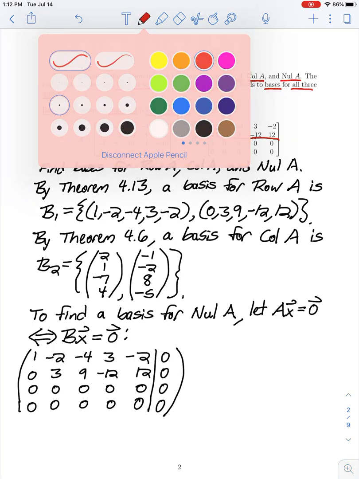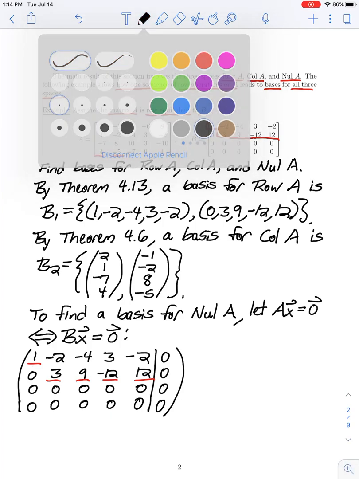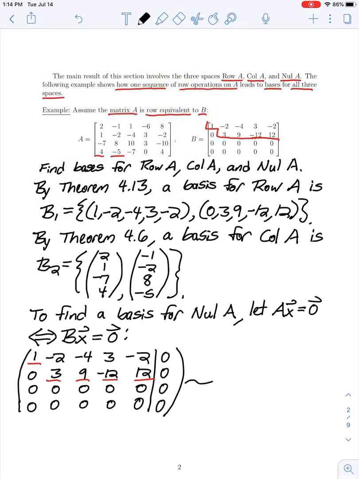So my first column of this coefficient matrix B is exactly as I want. I have a leading entry of 1 in the first row with zeros everywhere below it. And then in my second row, I have a leading entry of 3, which I'd like to be a 1. And I notice that each entry in the second row is a multiple of 3. So to get a leading 1 in that second row, I could simply take 1/3 of that second row.